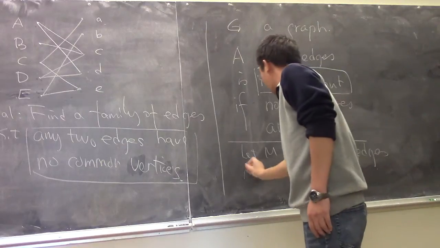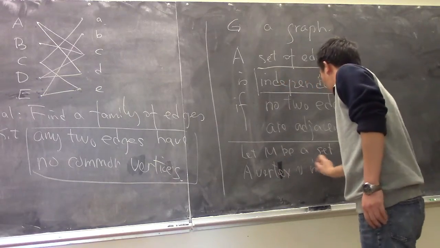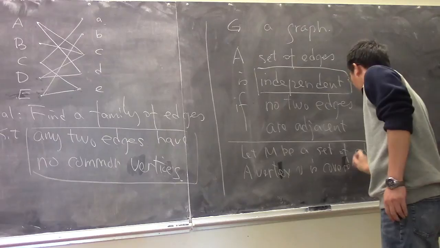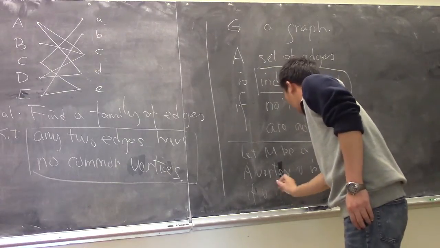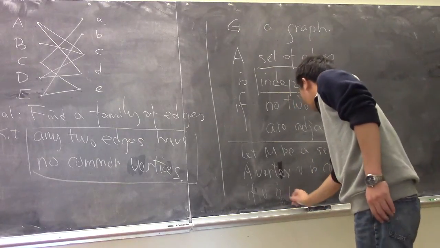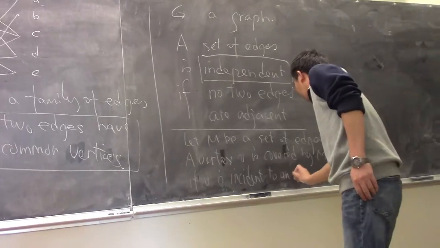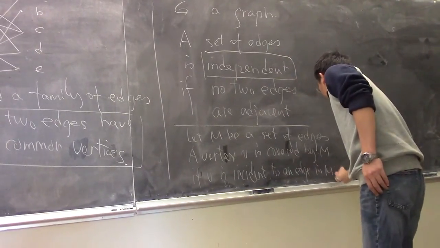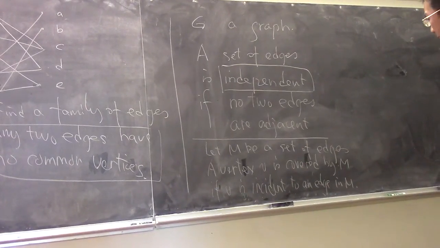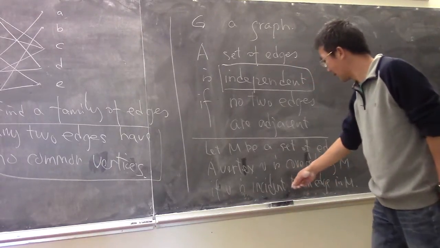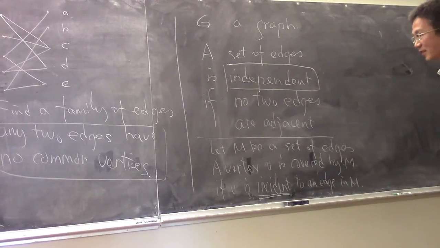We say a vertex V is covered by M if V is incident to an edge in M. So a vertex is covered by M, which means V is an endpoint to an edge in M.